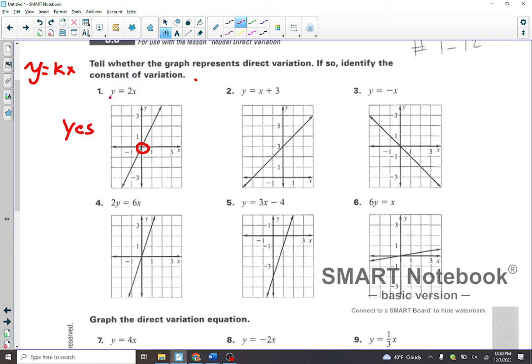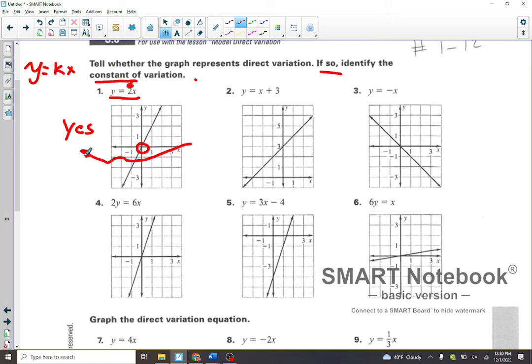Or, if you have the formula, there is no plus or minus going on, so yes, it is a direct variation. And if it is a direct variation, give me the constant, that k value. I don't know why you use k when constant starts with c, but that's a different question. Either way, it is just the slope of your equation.